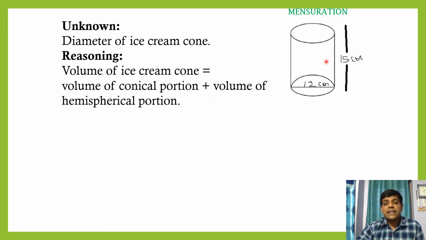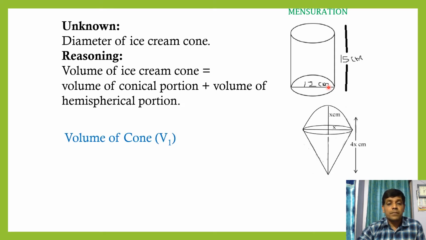This is the given cylindrical shape. Height equals 15 centimeters and base diameter equals 12 centimeters. So write down the formula. Already three figures are given: cylinder, cone and hemisphere, so we represent them as volume 1, volume 2 and volume 3.